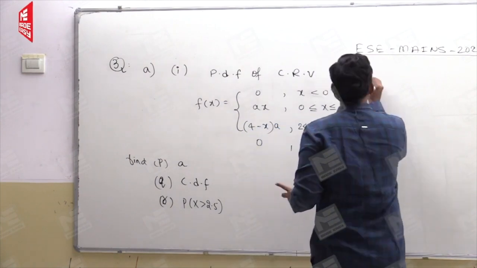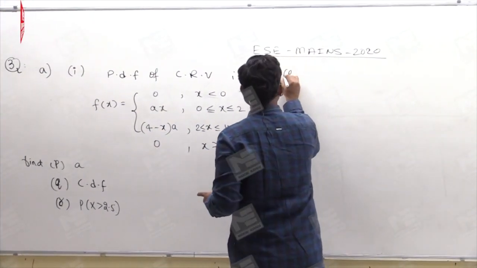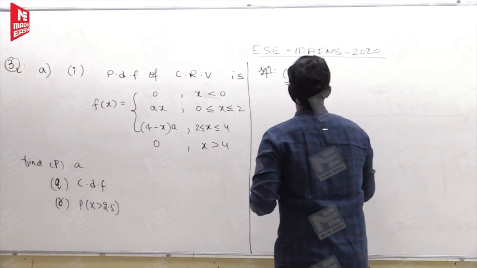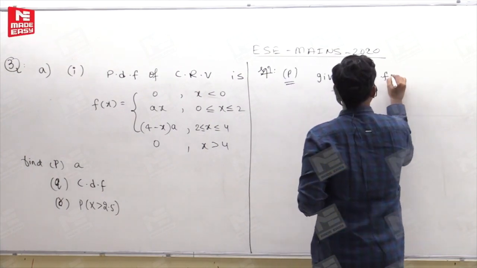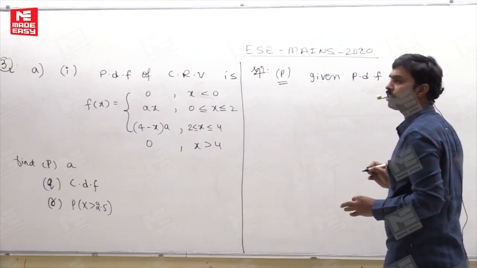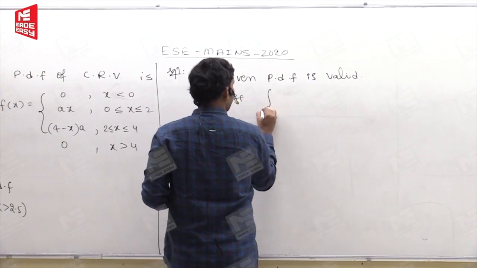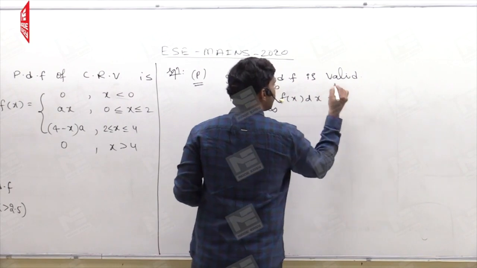Now, the solution for the first one. As we all know, the given PDF is valid, that means the probability density function is valid, if and only if the integration from minus infinity to infinity of f of x dx is equal to 1.